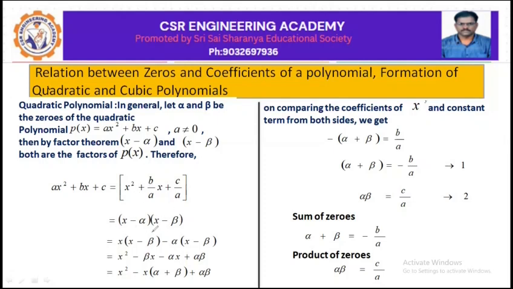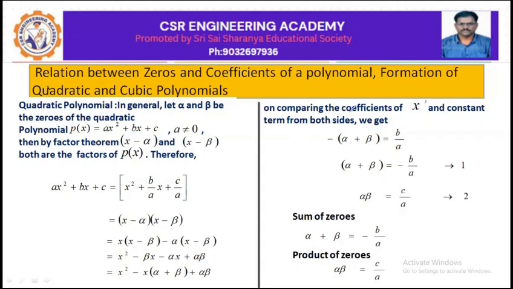Product of two factors is equal to x into x minus beta minus alpha into x minus beta, which is equal to x square minus beta x minus alpha x plus alpha beta, which is equal to x square minus x into alpha plus beta plus alpha beta.